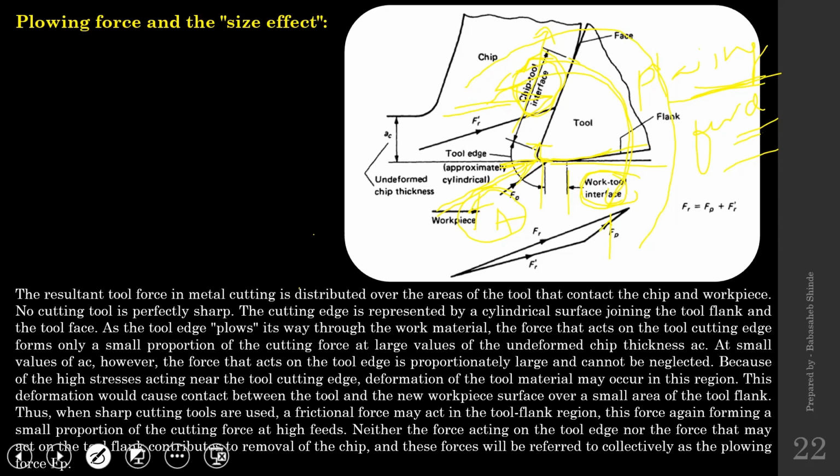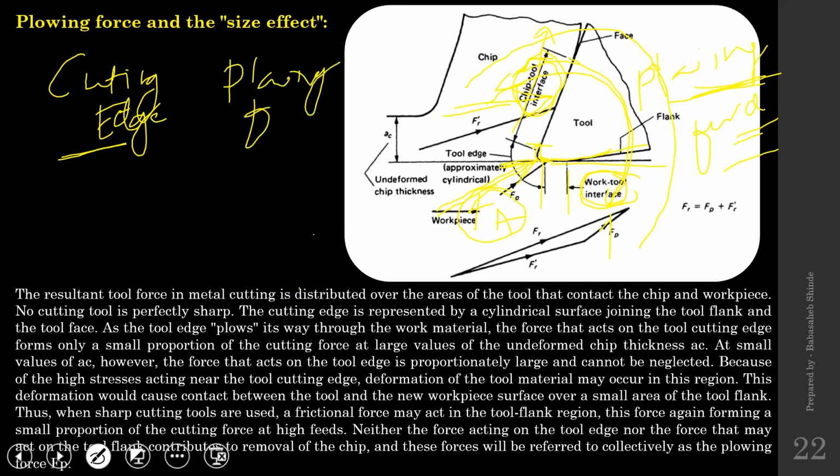Now if I compare the force acting on this cutting edge, that is one component, and another one is this plowing force. Those two together constitute the total forces acting on the cutting tool.